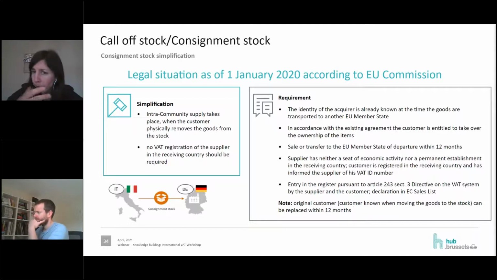And basically, there's a simplification at EU level saying that this will be considered as an intra-community supply when the customer physically removes the goods from the stock.